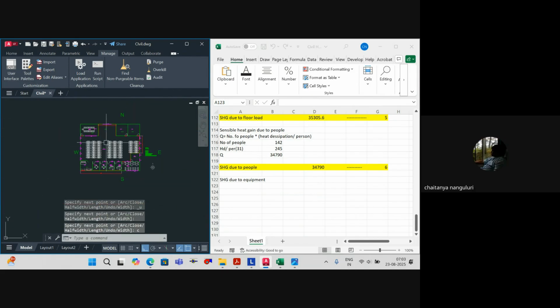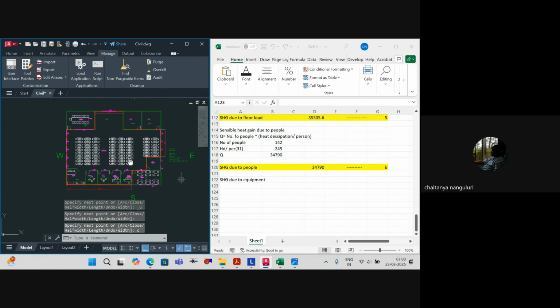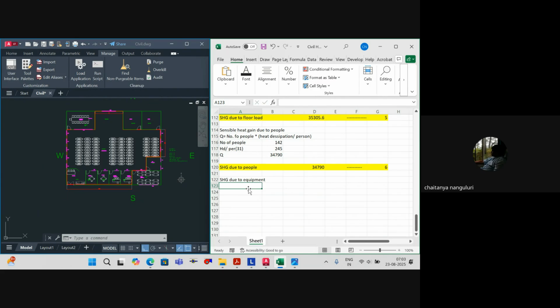This is our total area of air conditioned space. So in this case, now we have to calculate heat gain due to equipment. That is nothing but Q is equal to total watts into 3410.